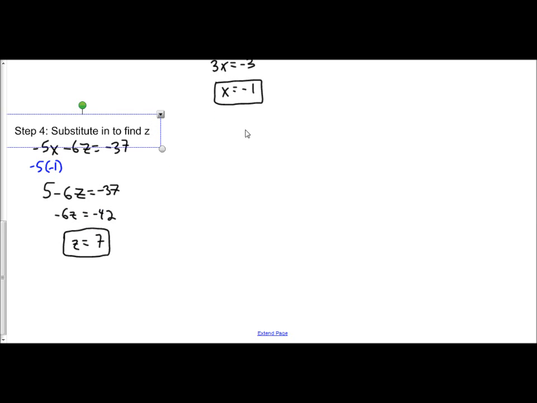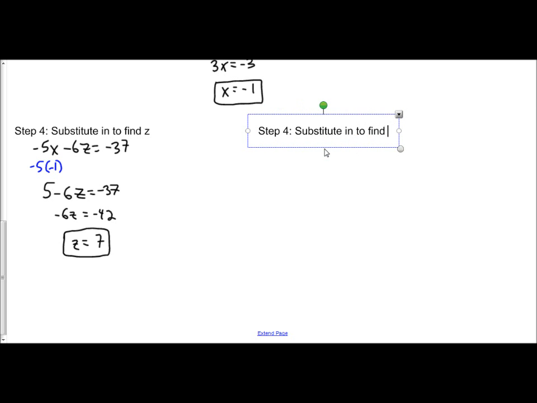And so step 5 for us is to substitute in to find the third variable, which right now is y. So I'm going to grab one of the original equations. The one I'm going to use, it doesn't matter, you have 3 to choose from.